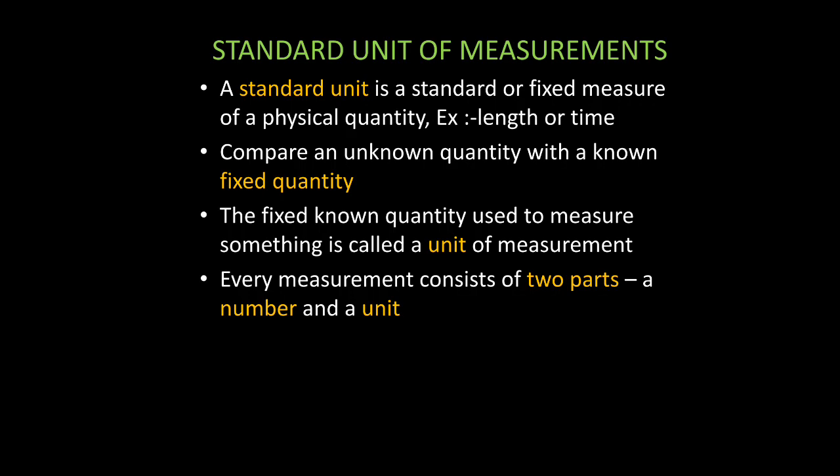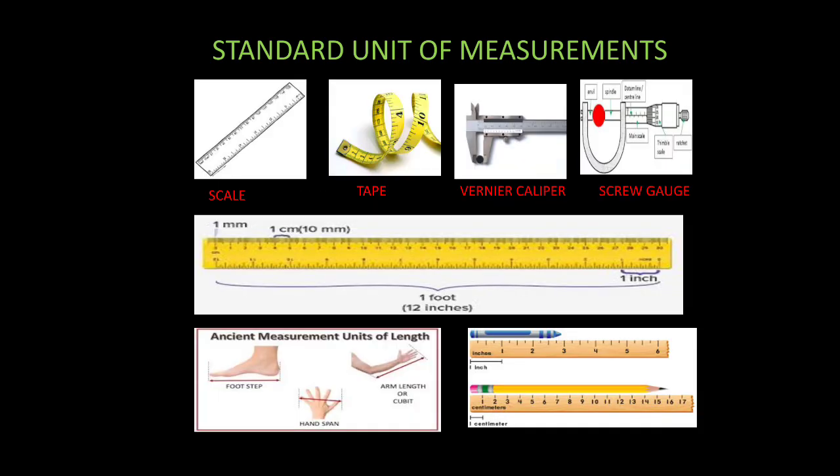What does it mean? Just see this example. Here I have written 10 meter. For meter, m is written. So what is the number here? 10 is the number. And what is the unit here? m is the unit. I hope you got the basic idea about the standard unit. Look at the pictures. These are standard units for measuring length, right?